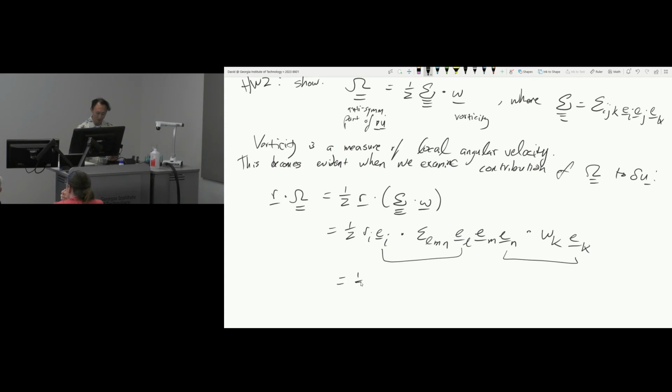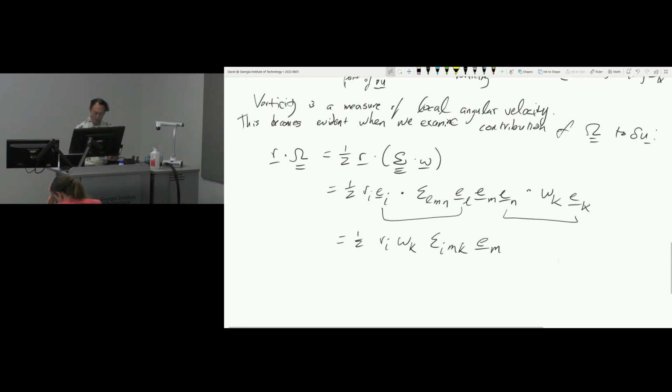So you have 1/2 r_i. Let's move omega_k to the front. Epsilon: l is going to be an i, m is going to stay because it didn't get touched, and n is going to be hit with a k, so epsilon_imk, and we're going to keep the e_m.